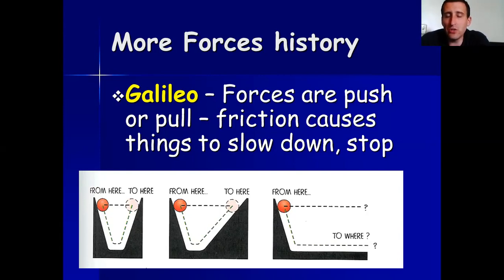Now, if you actually do the experiment, you find the ball does slow down on its way across the bottom of the bowl. But Galileo was able to conclude and to articulate that the reason the ball is slowing down is because of something called friction, because the ball is rubbing against the surface and the surface is rubbing against the ball, and that is taking away some of the motion.